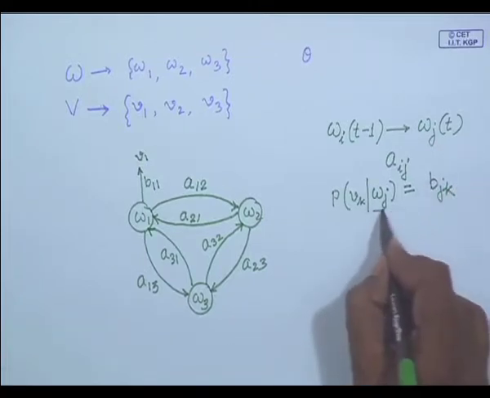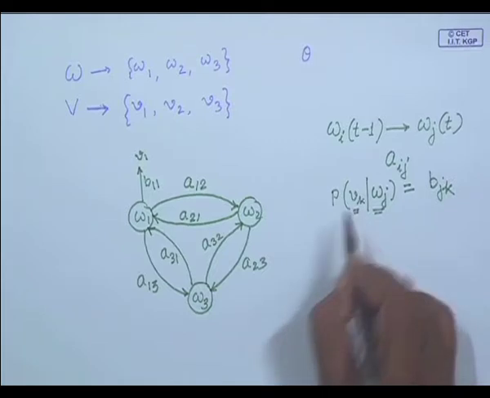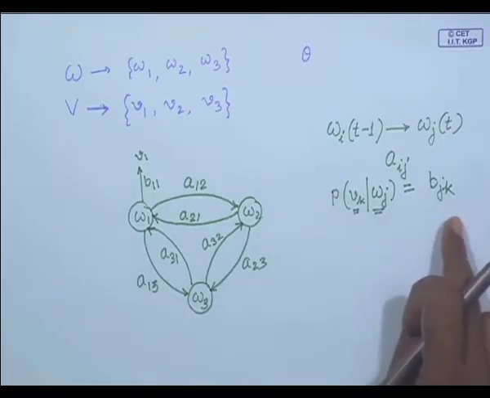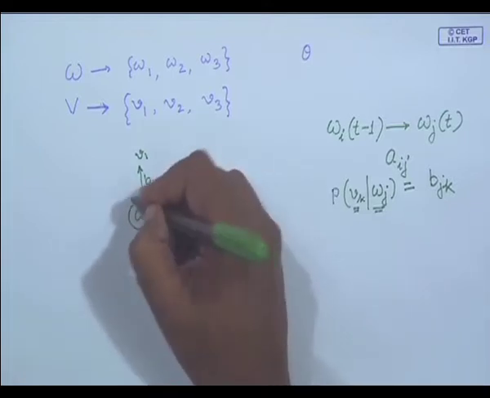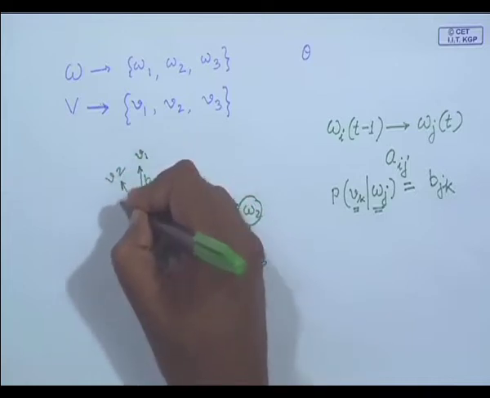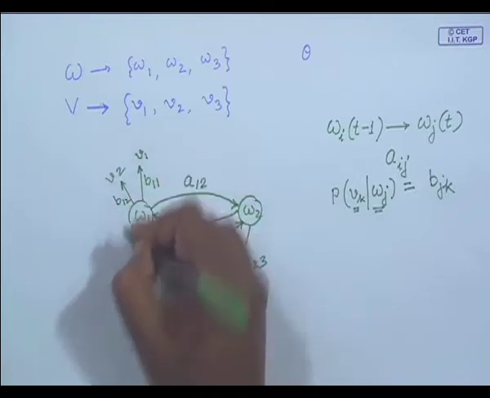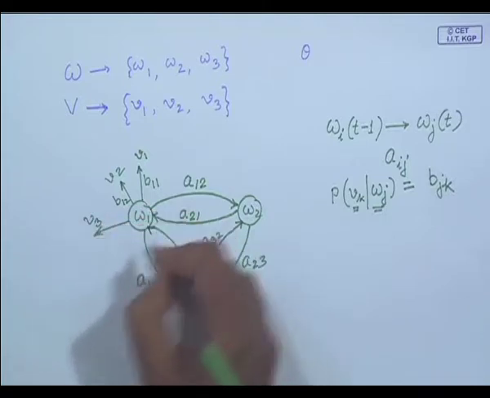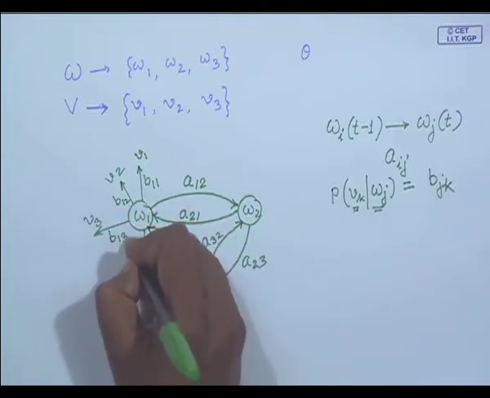So, from state omega j it emits a visible symbol vk with probability bjk. From omega 1 it emits the symbol v2 with probability b12, and it emits v3 with probability b13.